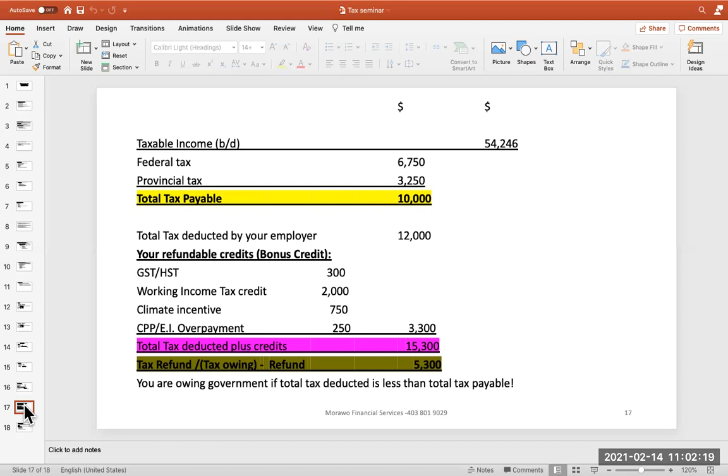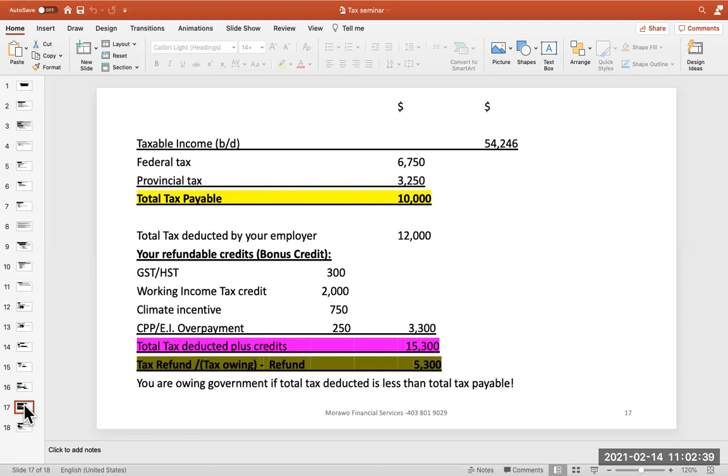So this will be added to the tax deducted by your employer to give us 15,300. So total tax deducted plus credit is 15,300. And your tax liability is how much? 10,000.